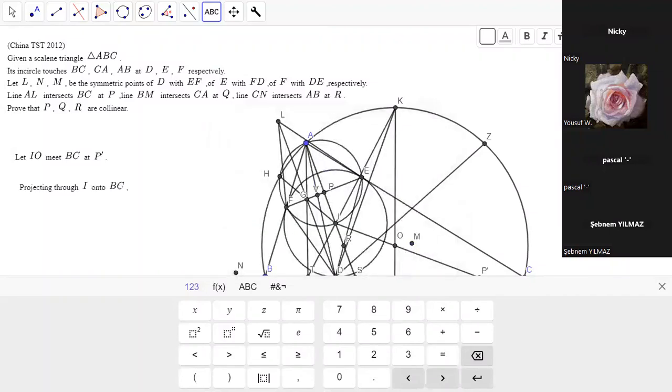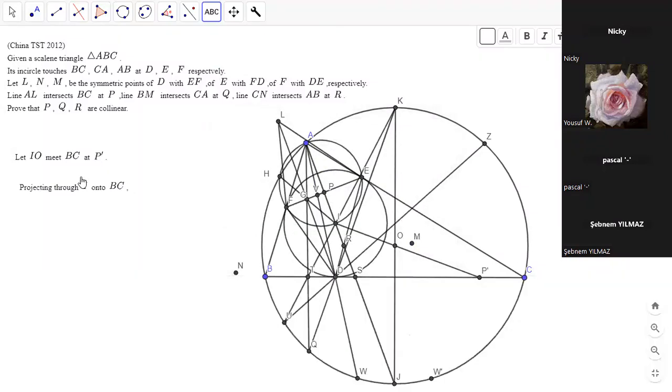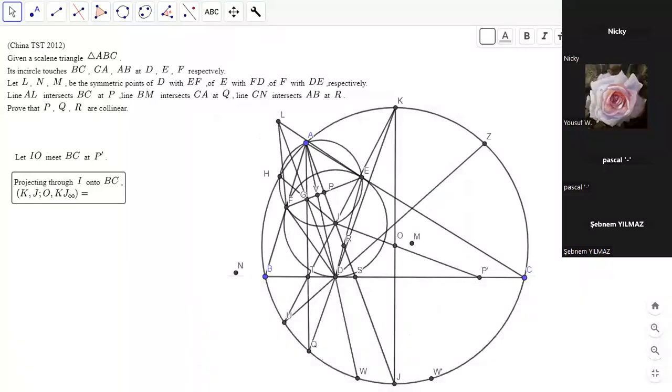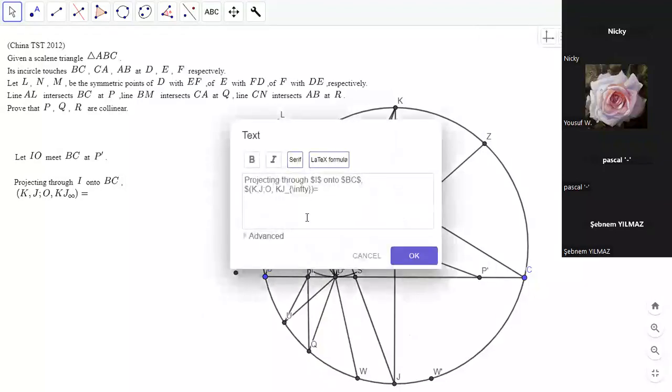We have KOJ infinity is TP prime SD, or KJ, that would be TS P prime D.